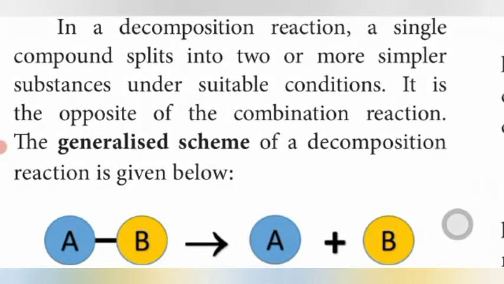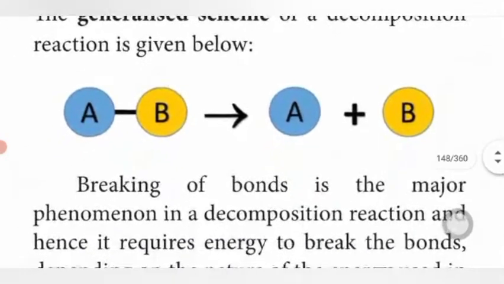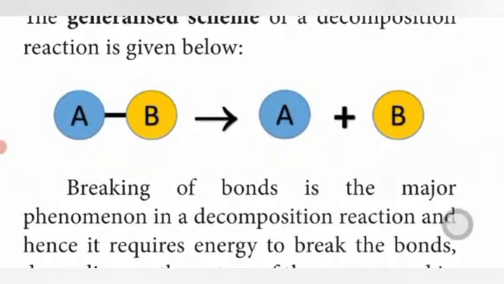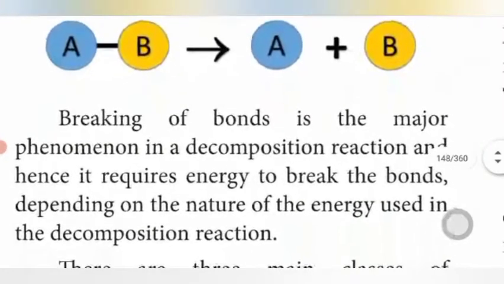The general scheme of decomposition reaction: AB is a single compound. Under suitable condition, the AB compound splits into two substances, A and B. Breaking of bond is the major phenomenon in this decomposition reaction.